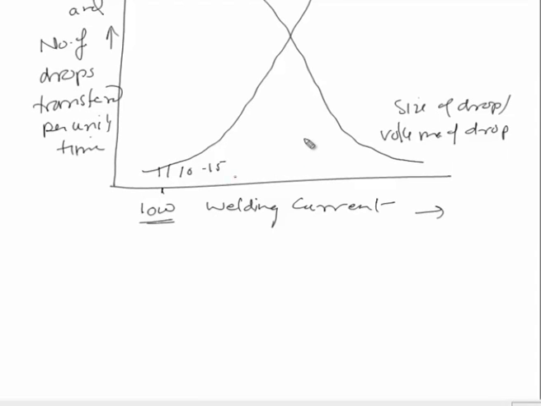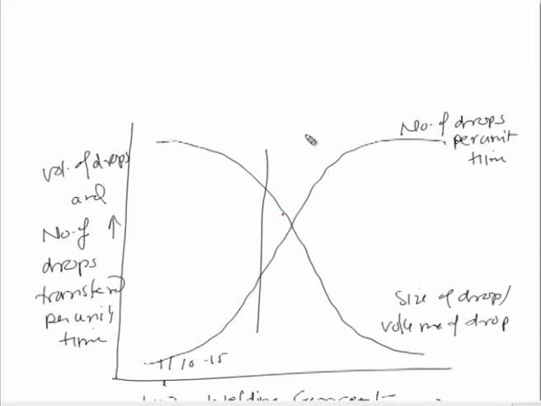With the increase of welding current, there is a continuous increase in the number of drops being formed, and there is a band of current where there is a sudden increase in the number of drops being formed. When the welding current is low, we say that the globular mode of transfer is active.